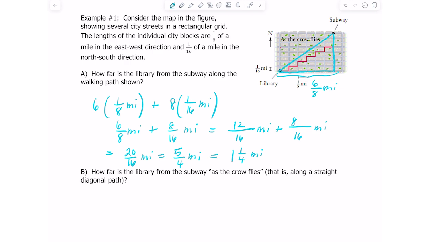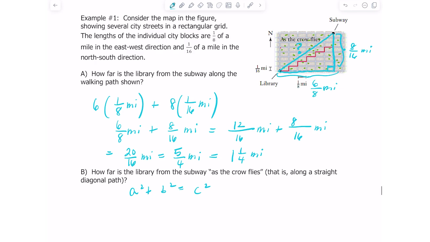And I know that this distance here we calculated as 8/16 of a mile. So I need to figure out this distance. That's my question mark. So since it's a right triangle, and I know that because it makes an L, so we have a 90-degree angle. Since it's a right triangle and I'm missing one side, I can use the Pythagorean theorem, which is a squared plus b squared equals c squared.